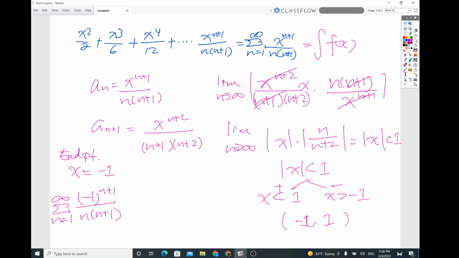So the thing is that if you compare that with the telescoping series, because that n plus 1 is kind of like a telescoping series, so we can prove that this one is a convergent series. But this one is alternating, so simply use the alternating series test.